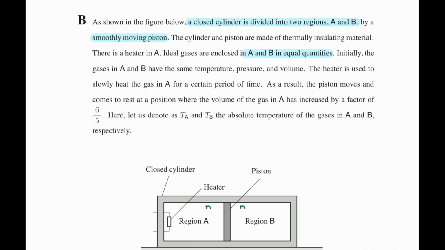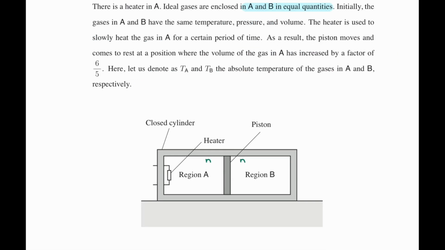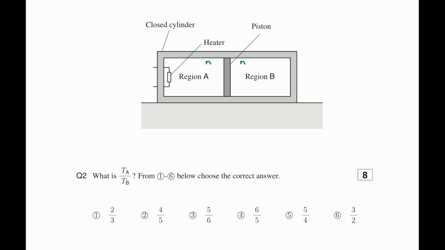Initially, the gases in A and B have the same temperature, pressure, and volume. So initially, the temperature, let's say T, the volume is V, the pressure is P, and for region B, the temperature is T, the volume is V, the pressure is P.